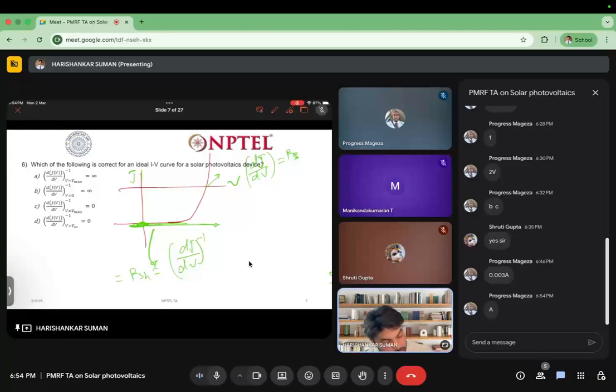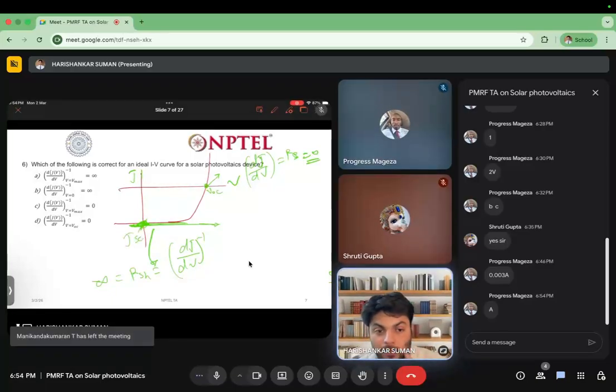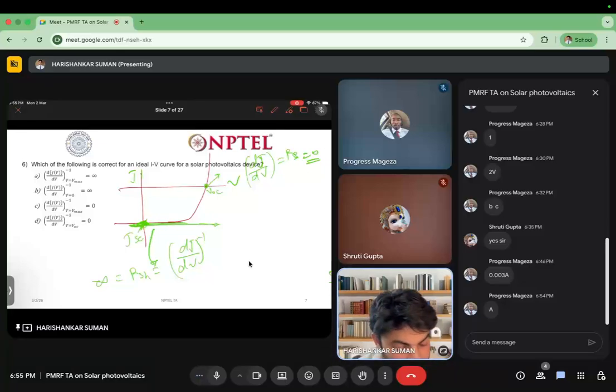Shunt should be infinite and series should be 0. This is VOC and this is JSC. This point is V equal to 0, so V equal to 0 comma JSC, and V equal to VOC and J equal to 0. This point is this. This is point A, this is B from here.